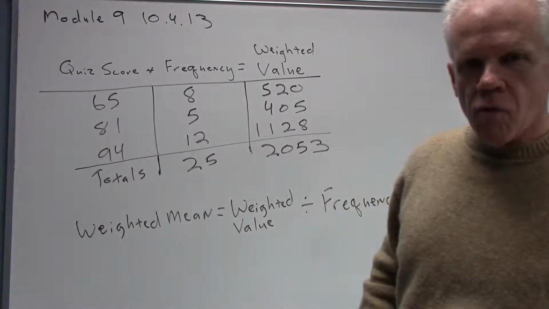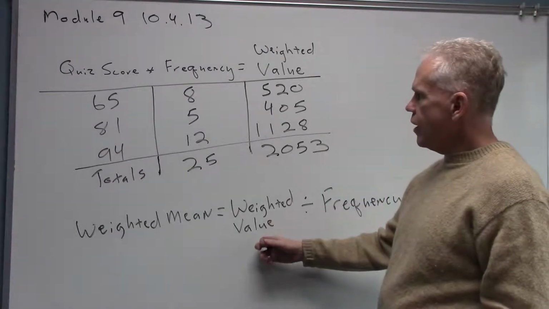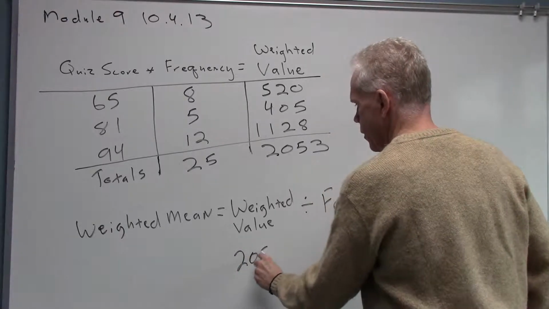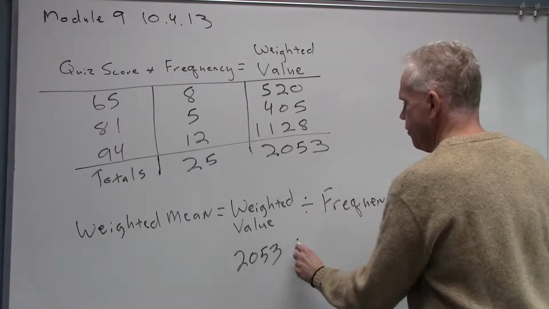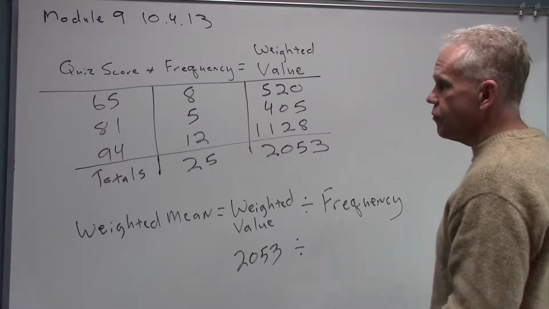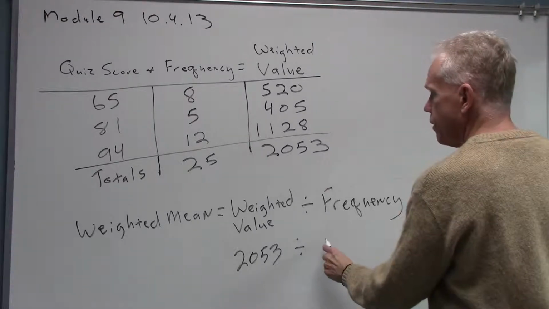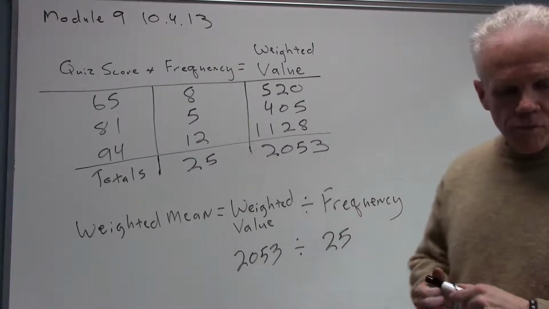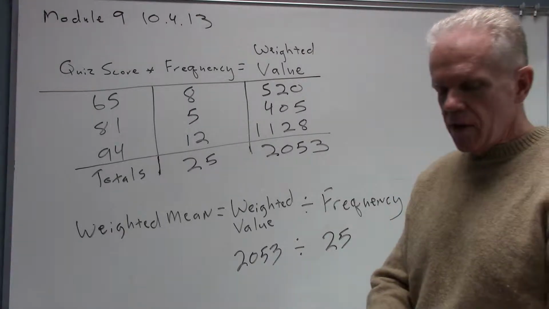So to come up with our weighted mean, what we're going to do is take our weighted value, 2053, and divide that by our total frequency of 25. We had 25 students take the test.